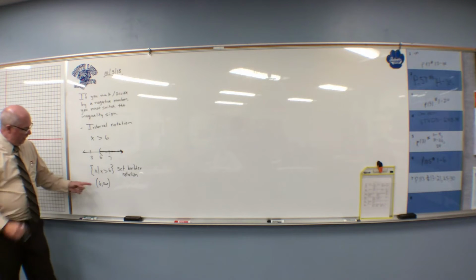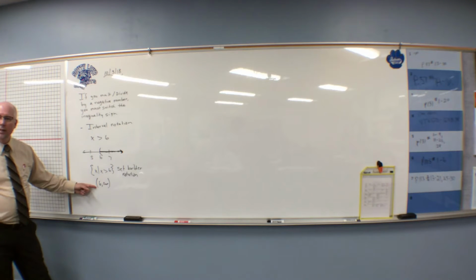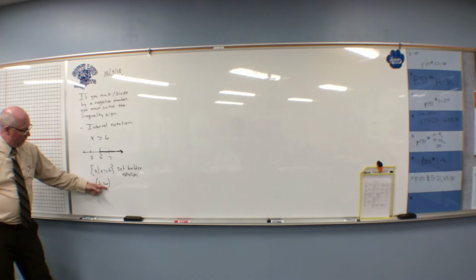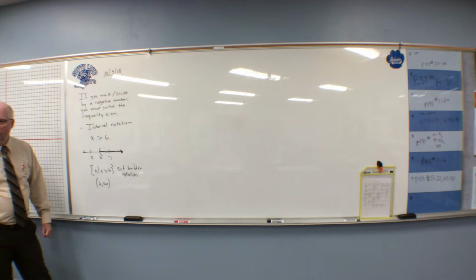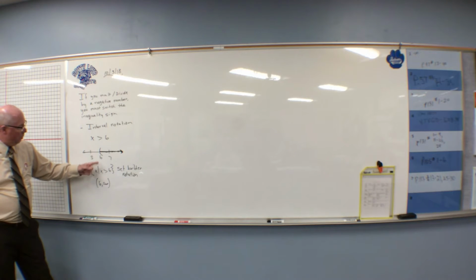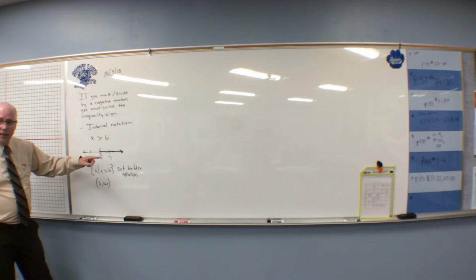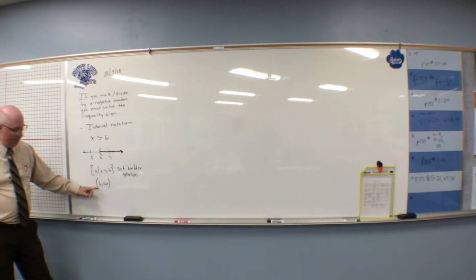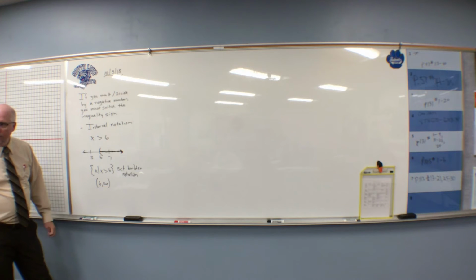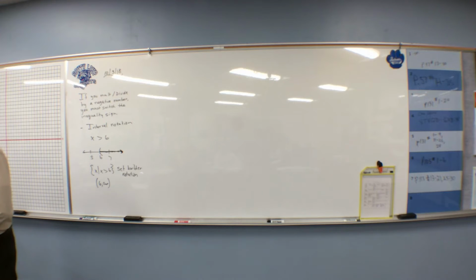The 6 has a parenthesis because it doesn't touch it, and the infinity has a parenthesis because you can't touch infinity. Now, if this was greater than or equal to, the 6 becomes a bracket, but the infinity will stay a parenthesis.